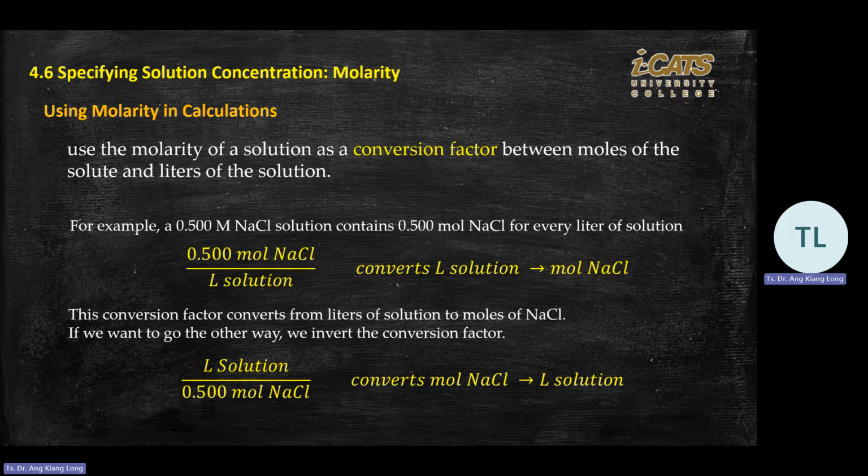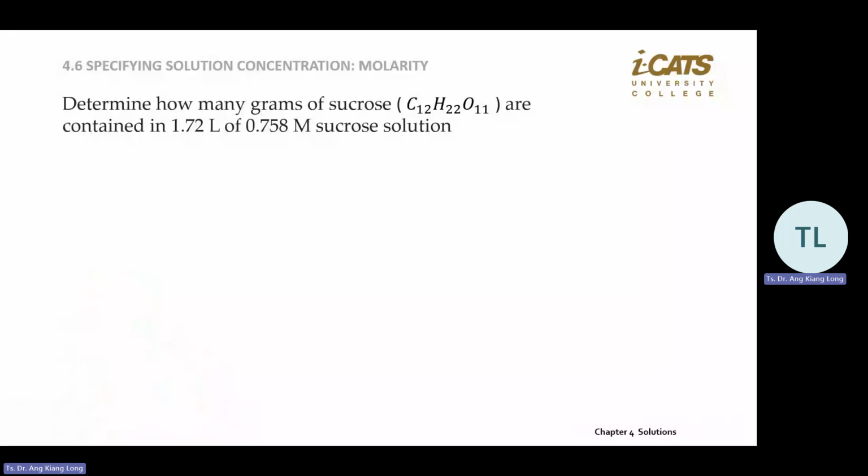Now, for example, determine how many grams of sucrose are contained in 1.72 liter of 0.75 mole sucrose solution. This one actually reverses the equation. So first, again, you write molality. It gives you the mole in mole per liter.